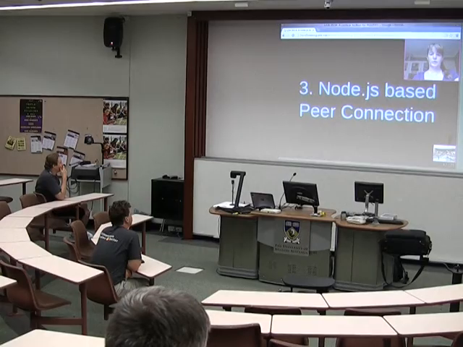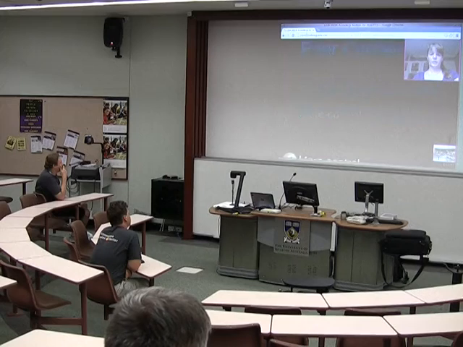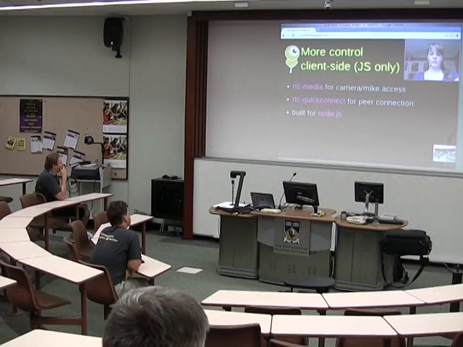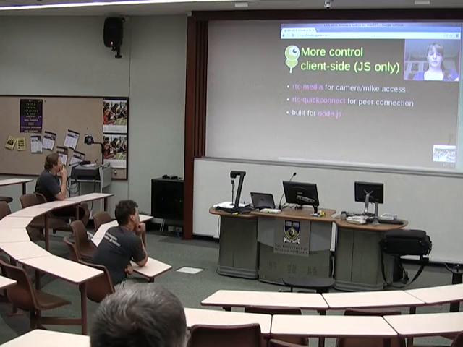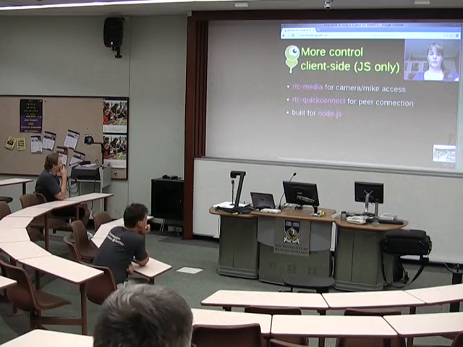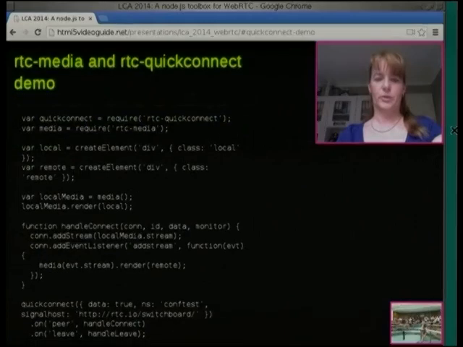Now, if you don't want to do it with HTML, you want to actually do JavaScript, the third approach that we have is a JavaScript-based peer computing approach. It gives you more control on the client side, but you need to use two lower-level libraries. They're called RTC Media and RTC Quick Connect, and they're built for Node.js.